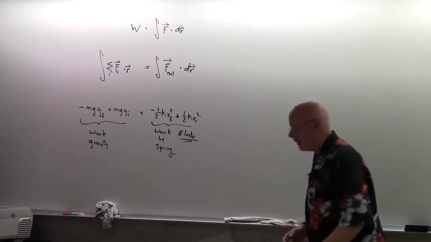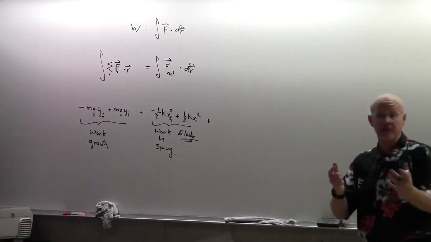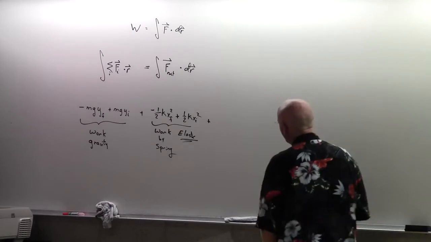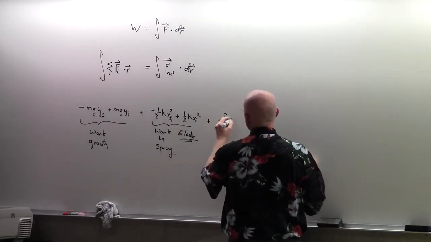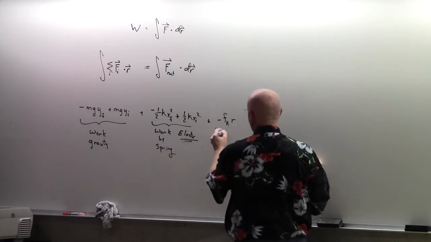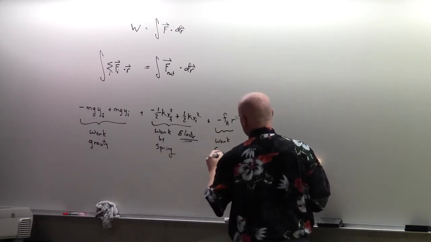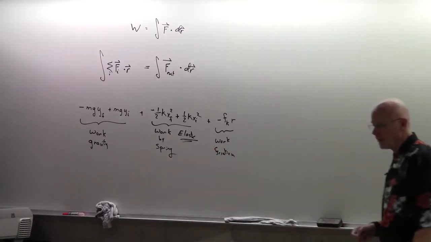Let's see, what other forces did we have in there? Oh, friction. We said there could be the force of friction. And so we came up with a negative force of friction times the distance traveled. Again, we could say this piece of the puzzle was the work done by friction.